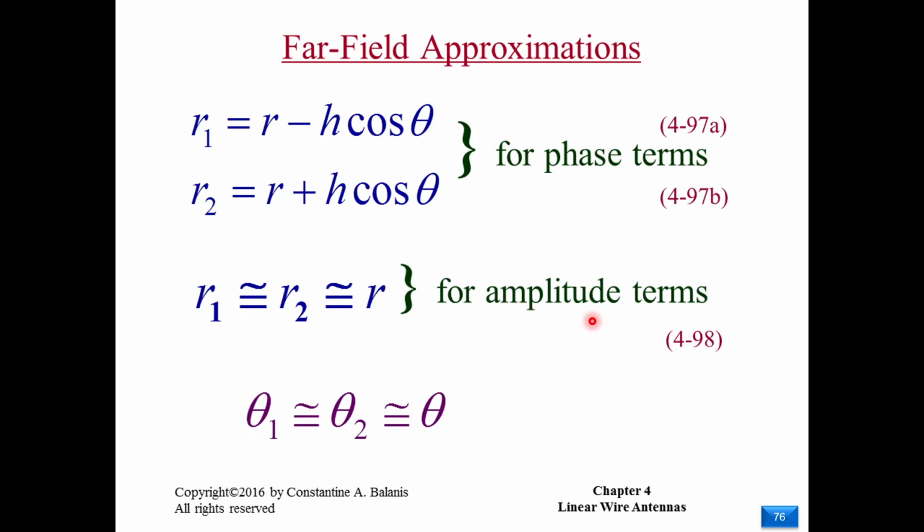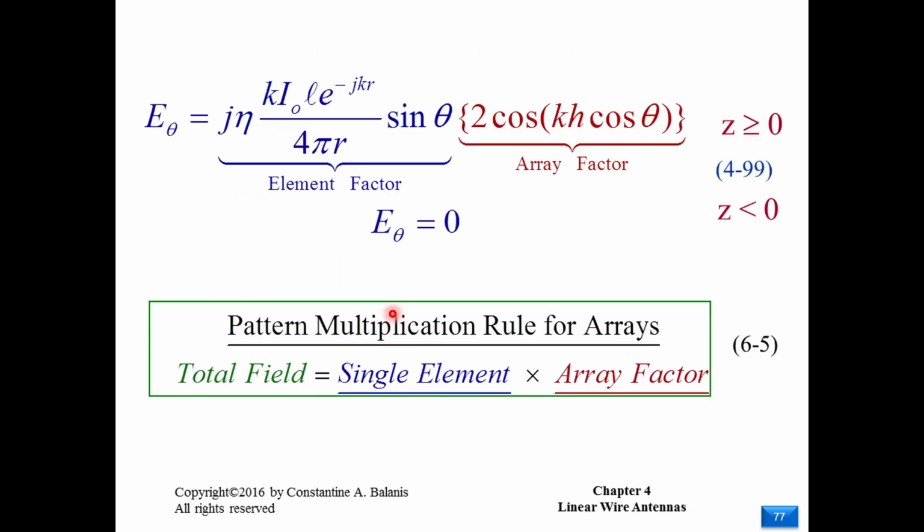For the amplitude term, because it is not that sensitive, we approximate all the distances to be equal. Doing that, we have a common factor, and when we add the direct and reflected fields we get this expression, which, as we're going to see next lecture, is called the array factor. So we can say the total field equals the field radiated from a single element multiplied by the array factor.